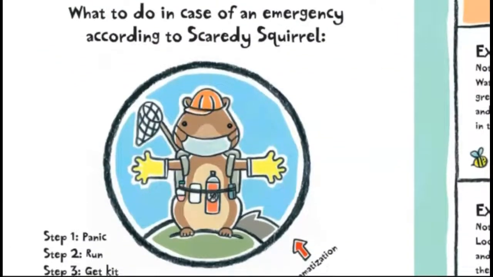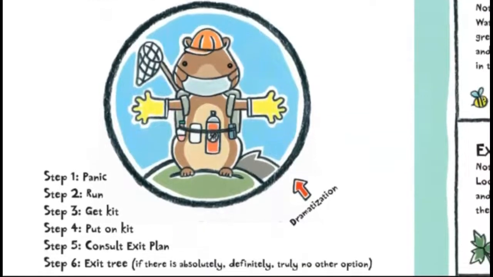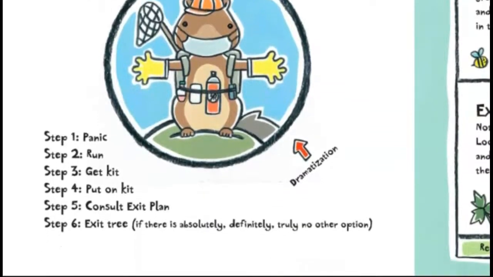What to do in case of an emergency, according to Scaredy Squirrel. Step 1, panic. Step 2, run. Step 3, get kit. Step 4, put on kit. Step 5, consult exit plan. Step 6, exit tree, if there is absolutely, definitely, truly no other option.